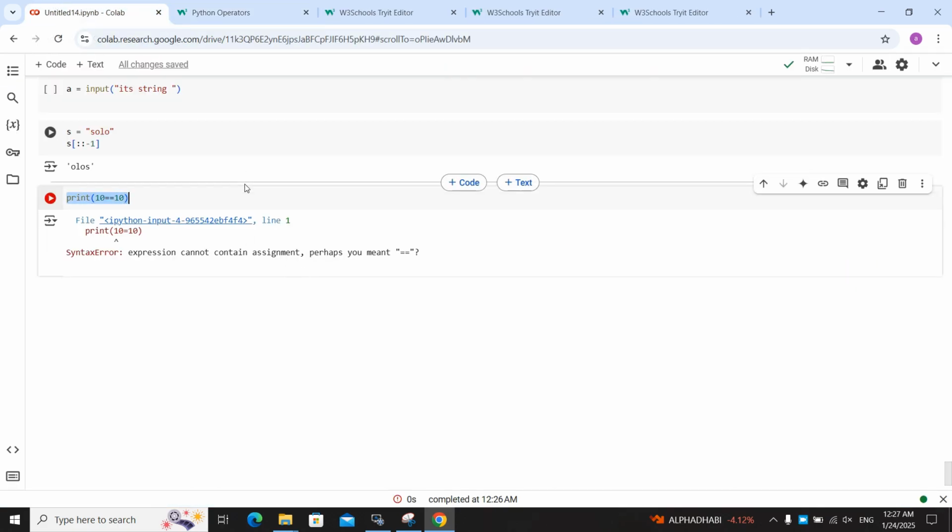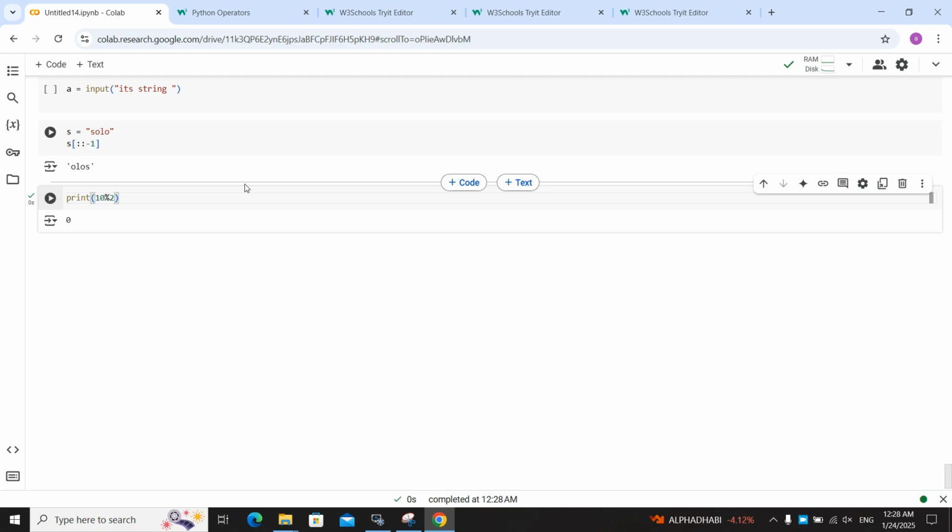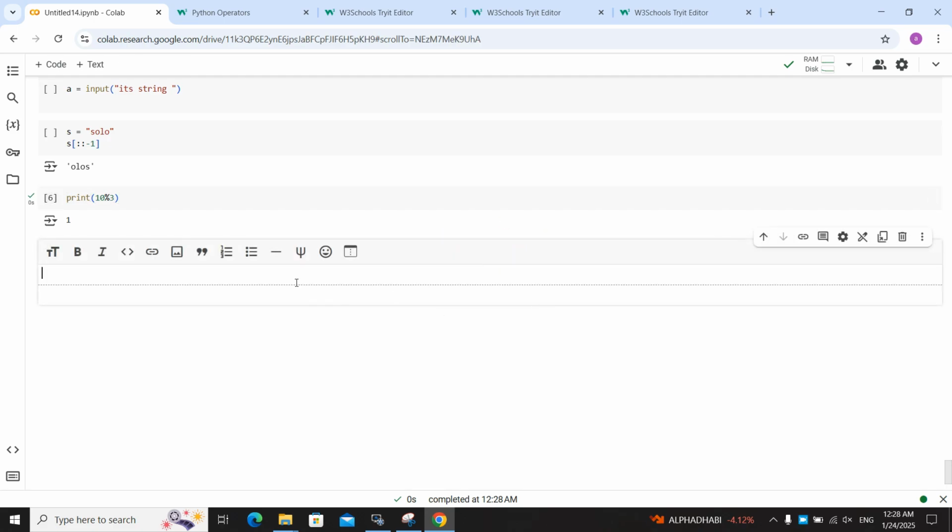What does modulus mean? For example, print 10 % 2. What is it going to show us? 0. But let's say 10 % 3. What is it going to show us? 1. Why? Let me create an equation for you to understand better.